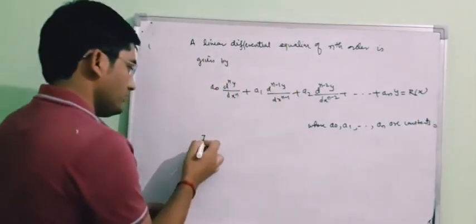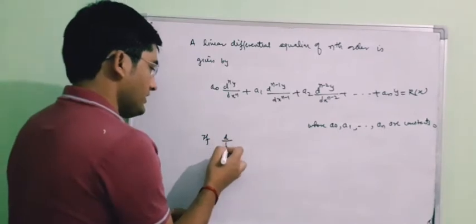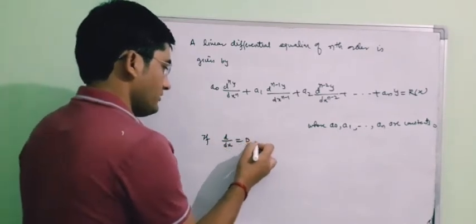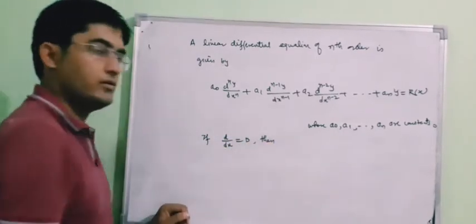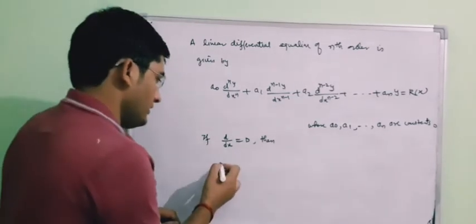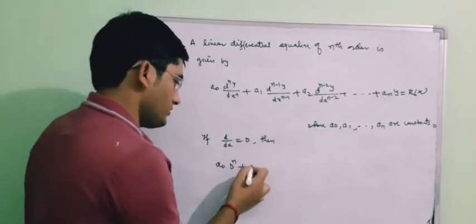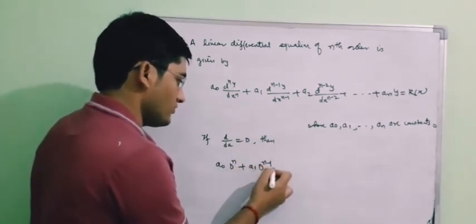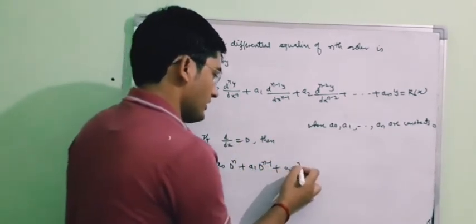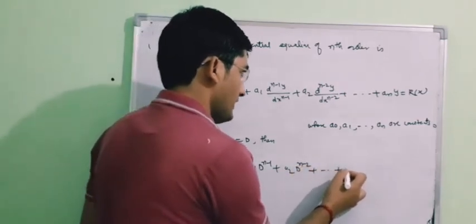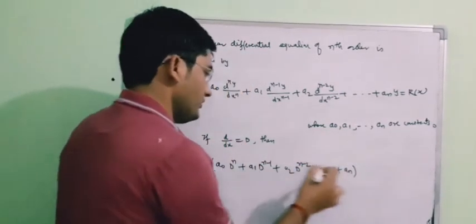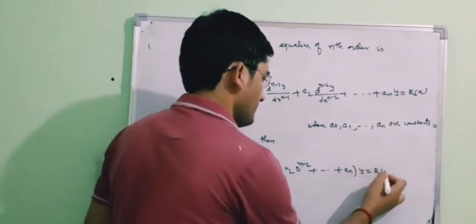Now if we denote d by dx as capital D, the operator, then we will have a0 D^n y plus a1 D^(n-1) y plus a2 D^(n-2) y plus an y equal to r(x).